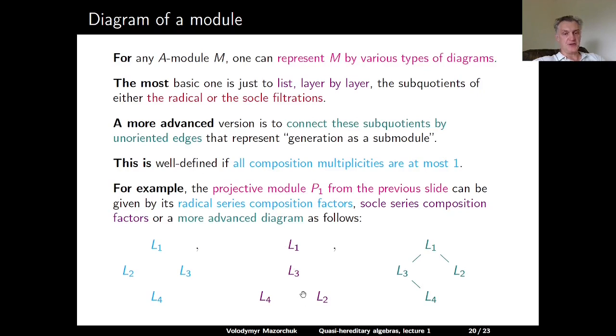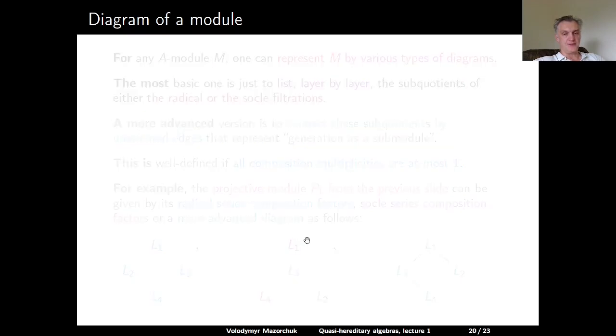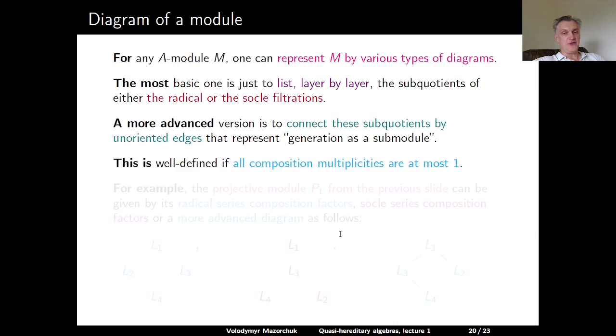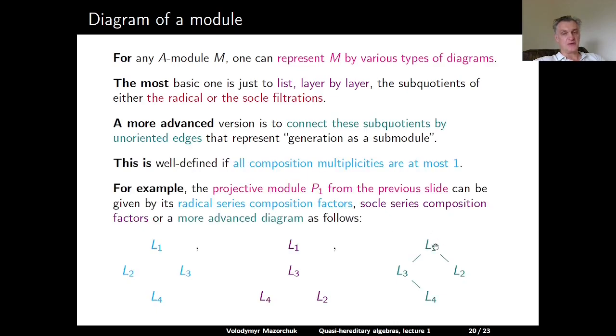For the socle filtration, we start at the bottom with 2 and 4, then we add 3, and then on the top we have L1. And if we draw the additional arrows for the generation of the submodule, we have the following picture.